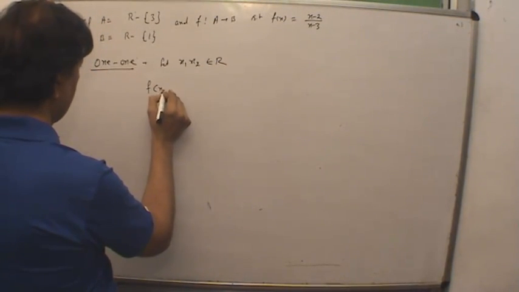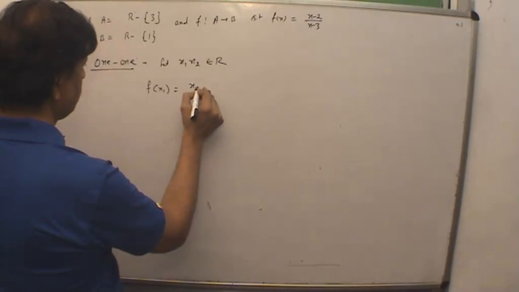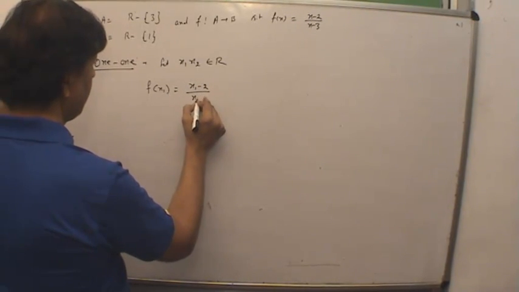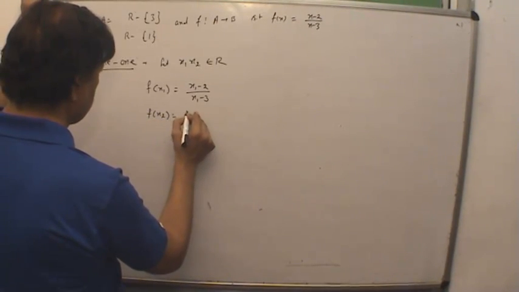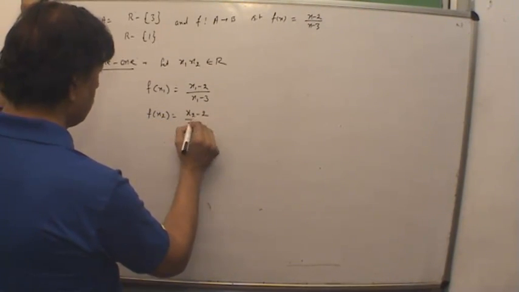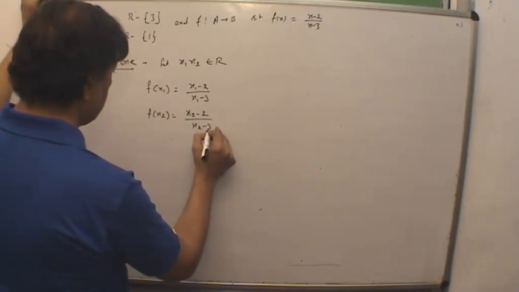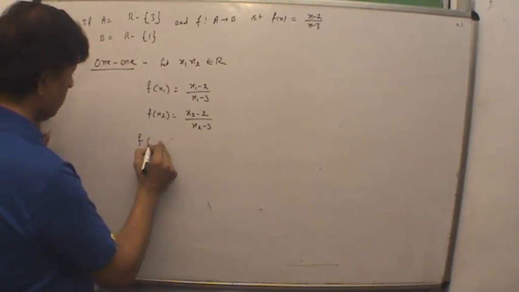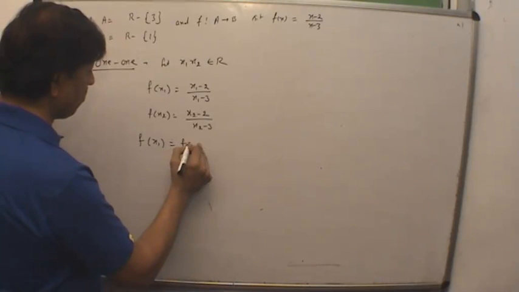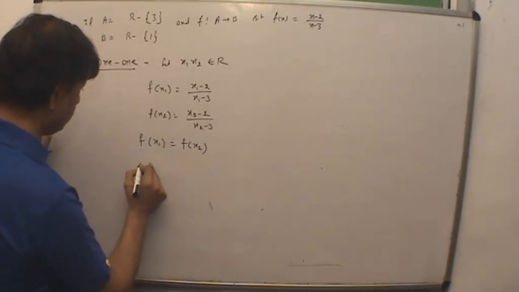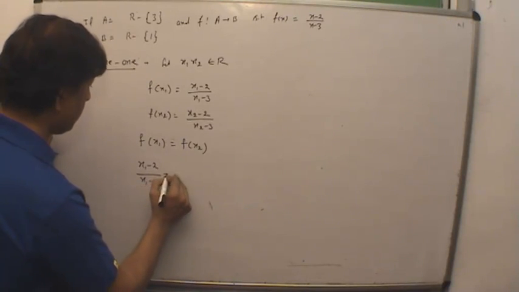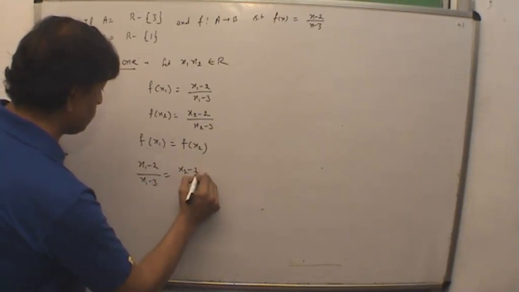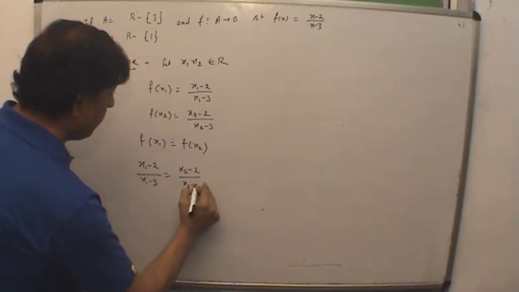Then f of x1 is equal to x1 minus 2 divided by x1 minus 3, and f of x2 is equal to x2 minus 2 divided by x2 minus 3. According to the definition, f of x1 is equal to f of x2. It means x1 minus 2 divided by x1 minus 3 is equal to x2 minus 2 divided by x2 minus 3.